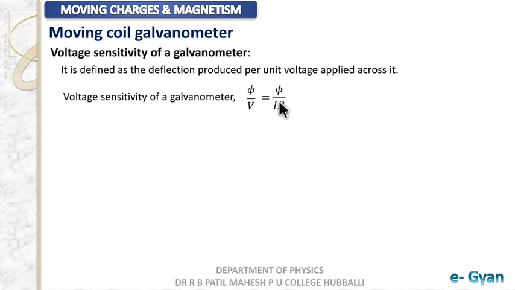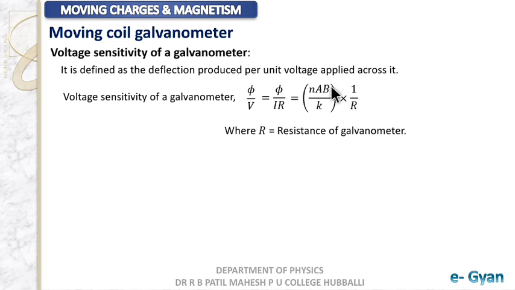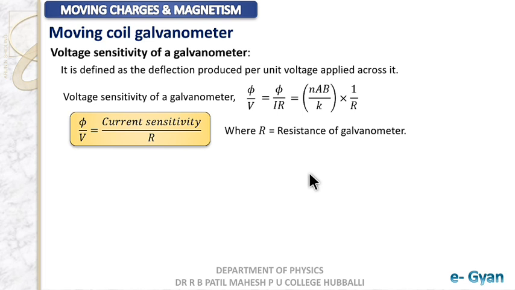Here R is the resistance of the galvanometer. Proceeding further, phi by I value we already know. Let us substitute its value and we come up with an equation of this type. So in short, voltage sensitivity can be written as current sensitivity divided by resistance of the galvanometer. Moving ahead, the SI unit of voltage sensitivity will be division per volt.